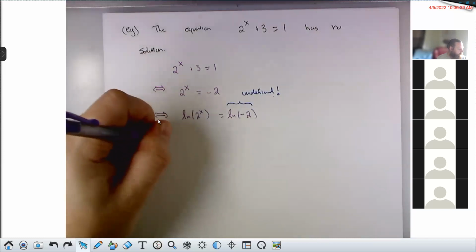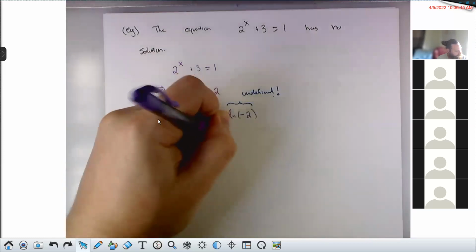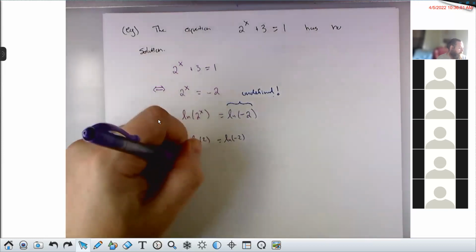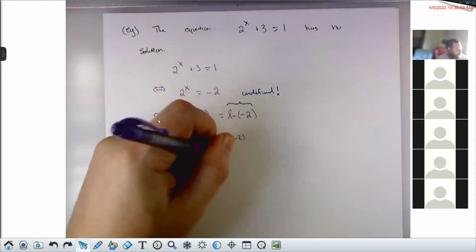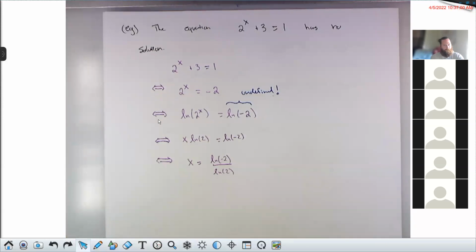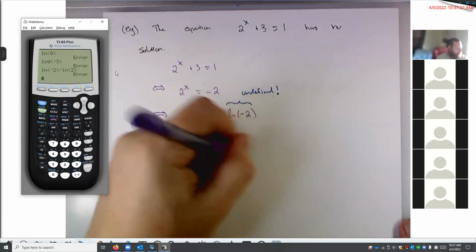You could try to follow through. x times the natural log of 2 equals the natural log of -2, which would mean that x is the natural log of -2 over the natural log of +2. But this does not exist, right? We can try. If I take the ln of -2, I'm going to try to divide that by the ln of +2. We're going to get that same non-real answer error. All right, I'm going to get an error.